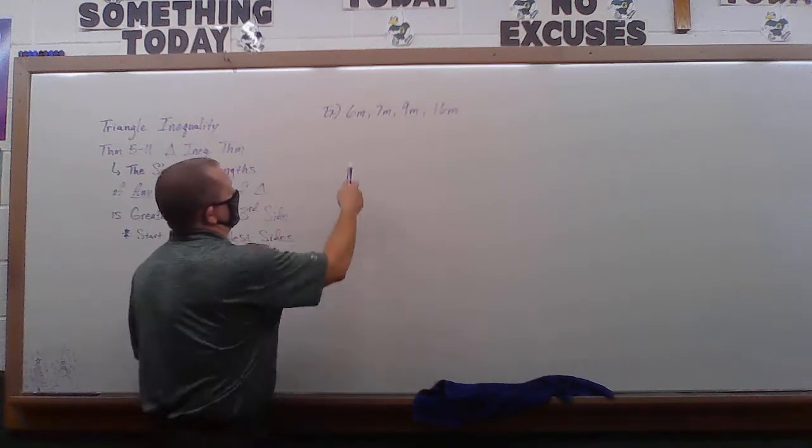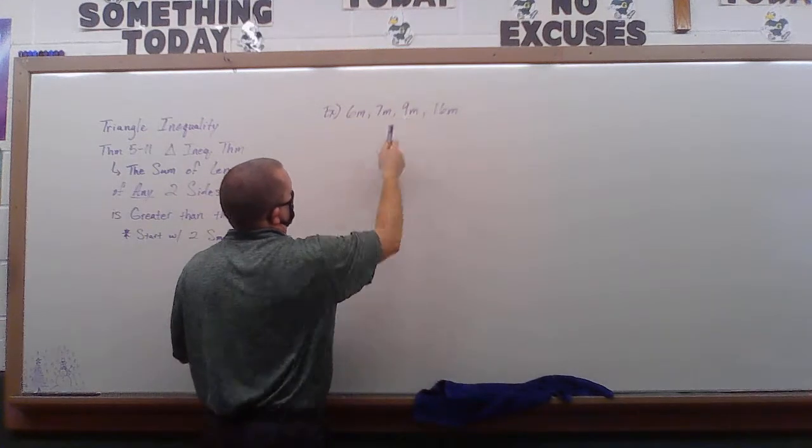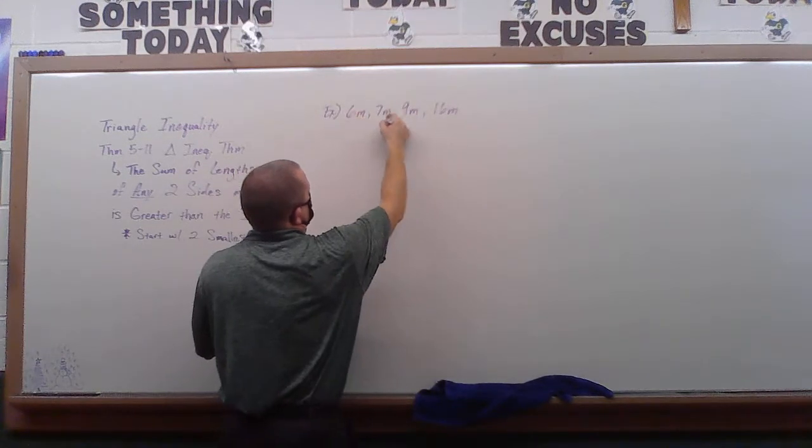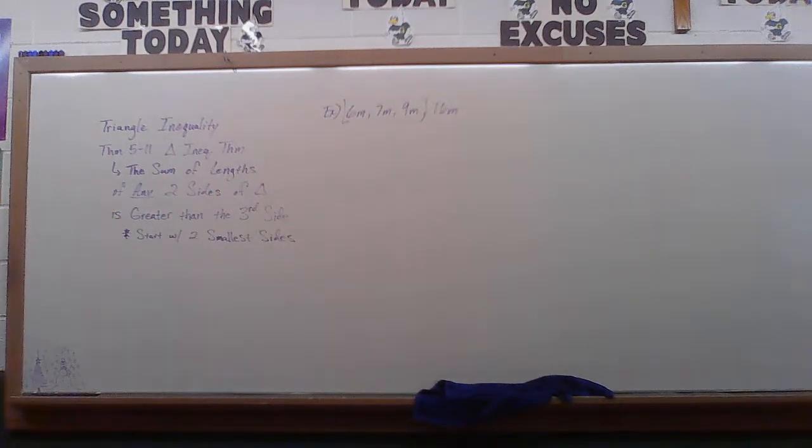So if I added up the first two sides, is it bigger than the third one? Yes, so this combination right here would be one triangle, right? That would work. Is there anything else that would work? Or any of the other two sides, any combination of two sides bigger than the third side? It's got to be bigger, not equal to.